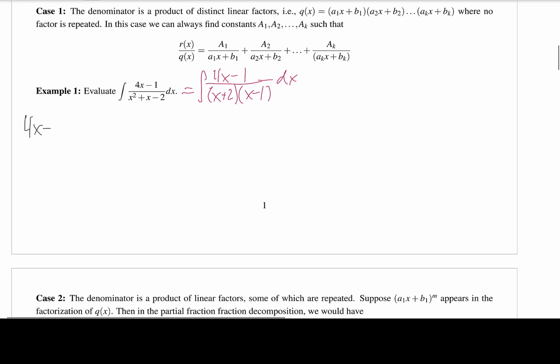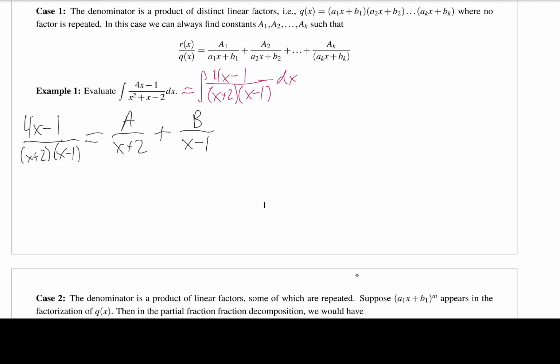This fraction, (4x - 1) over (x + 2)(x - 1), can really be expressed as A over (x + 2). I'm taking one of my linear factors and putting a constant over the top of it, and I'm choosing to call that constant A, plus some other constant, B, over (x - 1).